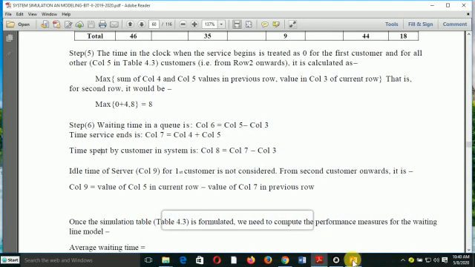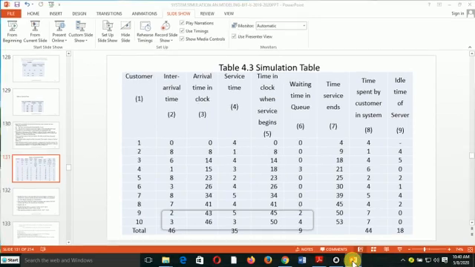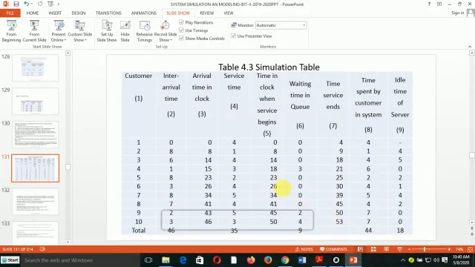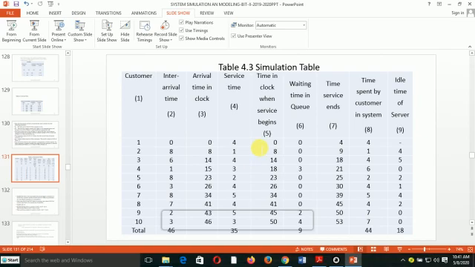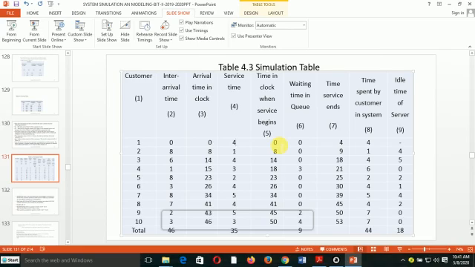So the time when the service ends will be column 4 plus column 5, the service time plus the time on the clock when the service begins.